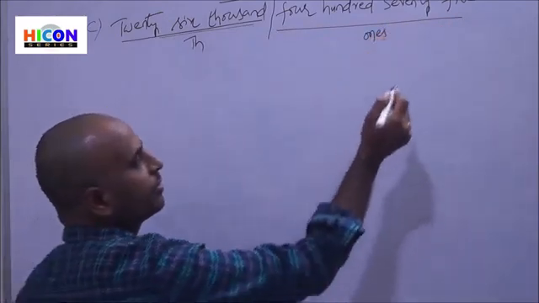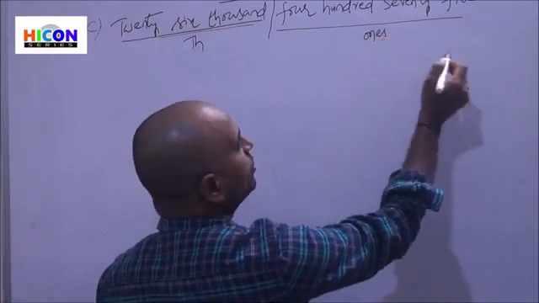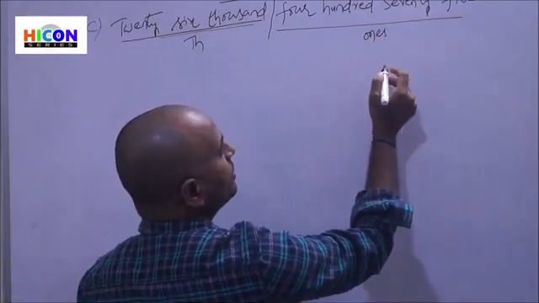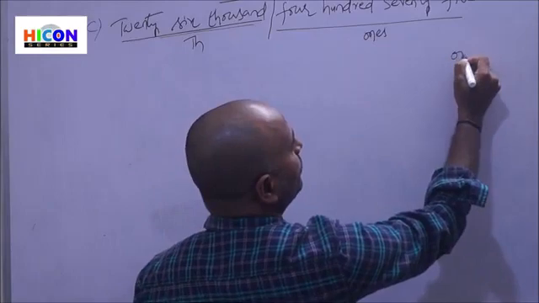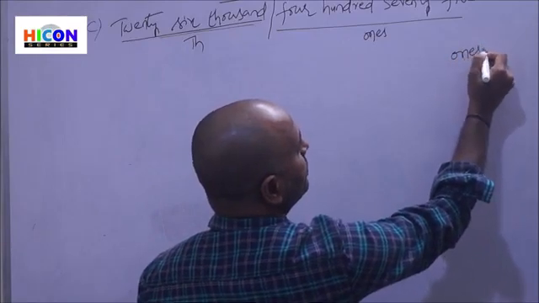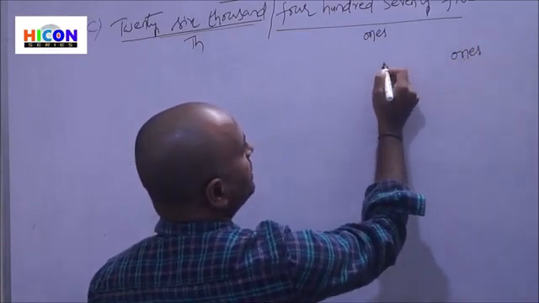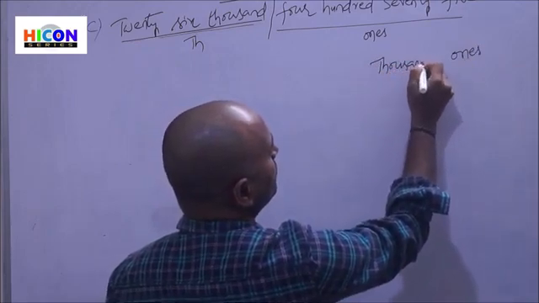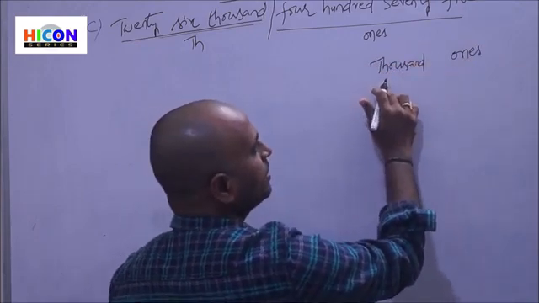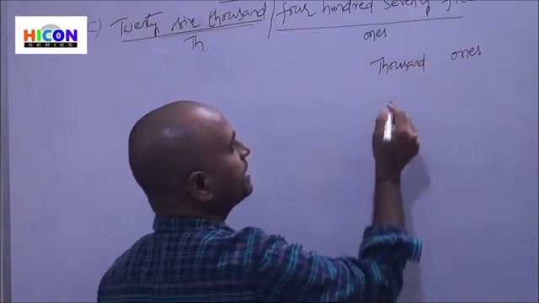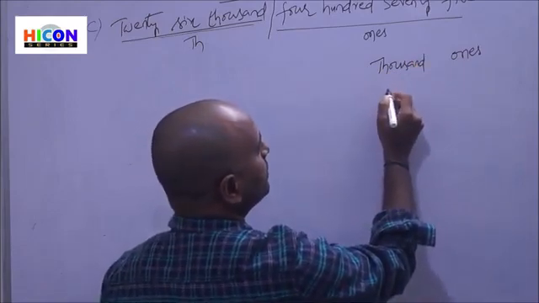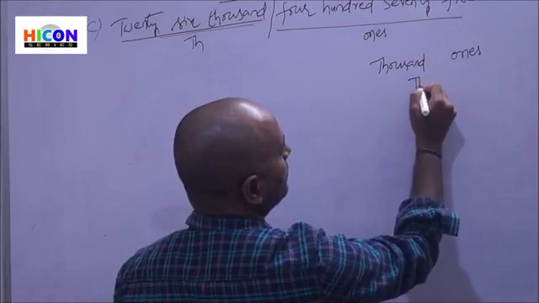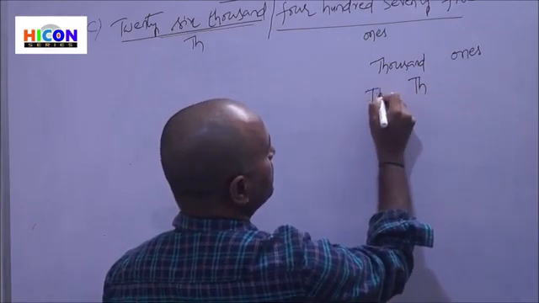Now draw the place value chart for this system. In the place value chart for the Indian number system, there are ones and next thousands. In thousands there are again two places, thousands and 10,000s.